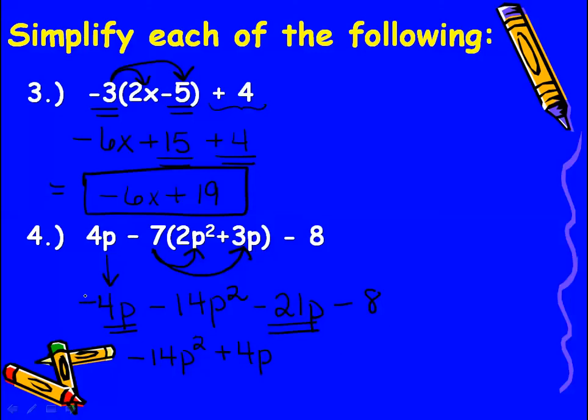Remember, this is a positive 4p, a minus 21p, and a minus 8. I will combine positive 4 and negative 21 to make a negative 17. So I have negative 14p squared minus 17p minus 8, which is my final answer.